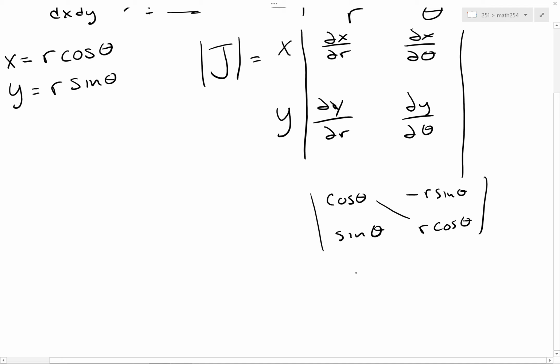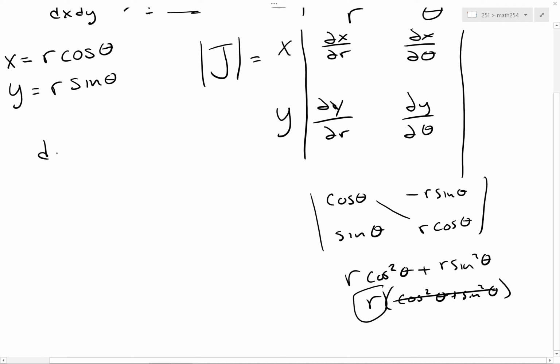When you cross multiply, you get r cosine squared plus, well, it's minus and minus, plus r sine squared. If you take the r out, you get cosine squared plus sine squared equals 1. So r is your Jacobian.